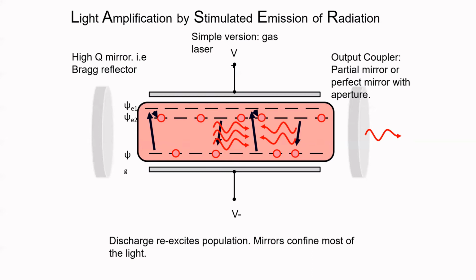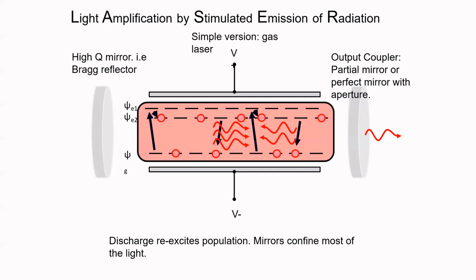And that may well not simply be a polished and coated bit of glass. It could, for example, use total internal reflection at a refractive index interface, or you can make use of Bragg reflection to make very, very high quality mirrors.